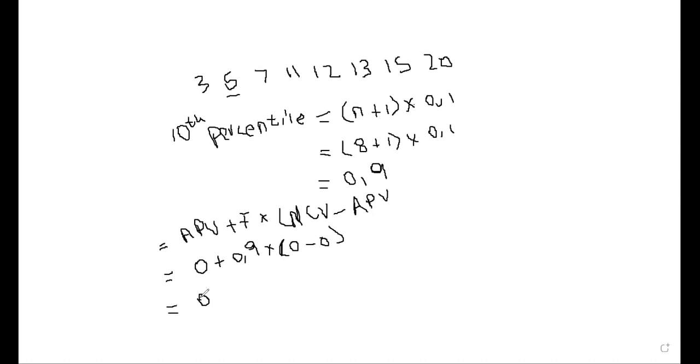So because of our positioning, we got 0. There's no way we can have the approximate percentile value at position 0, so we're forced to get 0 as our answer.